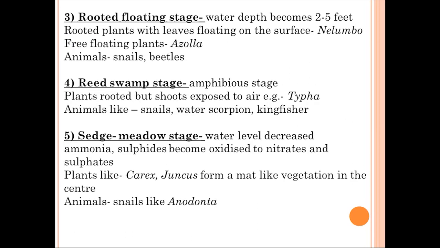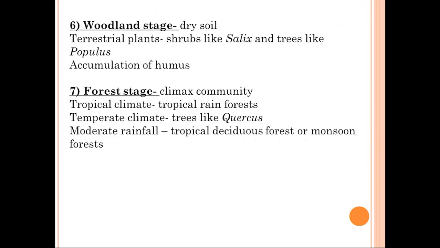Then rooted floating plants, then the reed swamp where the amphibious plants were found, the sedge meadow stage where plants like Carex were found, and the woodland stage, where mostly shrubs develop in the pond ecosystem, and the soil becomes dry because the water level decreases.